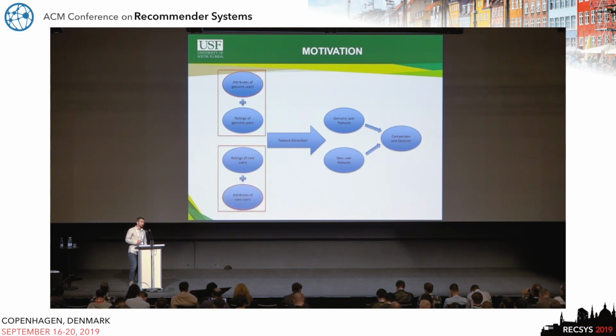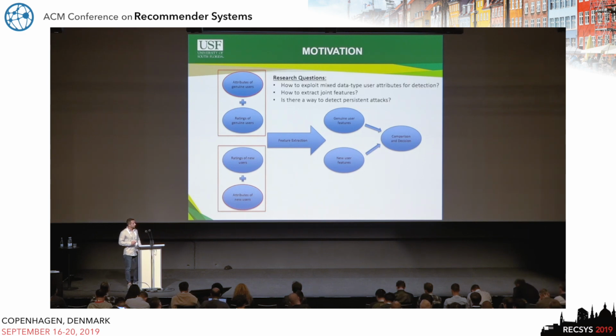However, most of the platforms require users to put in some attributes. In this framework, we aim to exploit these user attributes as additional information to improve attack detection performance. Regarding this motivation, we have the following research questions.